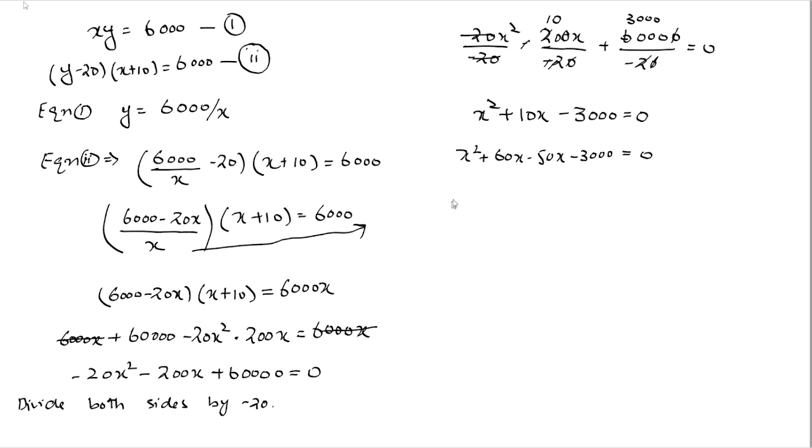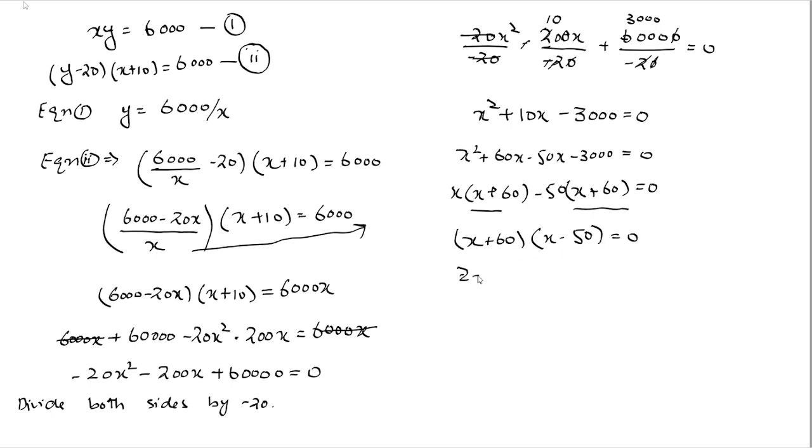Now x is common in the first two terms, so taking out x common, we are left with x plus 60, and minus 50 is common in the last two terms, so we are left with x plus 60 is equal to 0. Now x plus 60 is common in both the terms, so taking out x plus 60 common, we are left with x minus 50 is equal to 0.